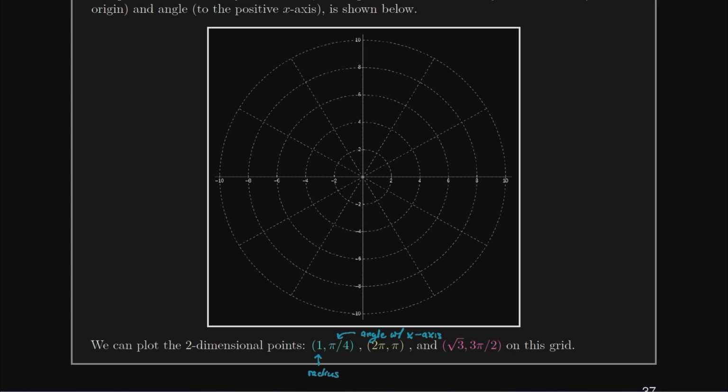So how would I actually find that point? Well, we can get lucky with this radius 1, and we can treat it the same as an x value, because we're going to run along the x-axis first, even though it's not actually an x value. It's a radial value. But if you think about it, any distance on the x-axis is some radial distance from the origin. So we will actually still treat it as the x value.